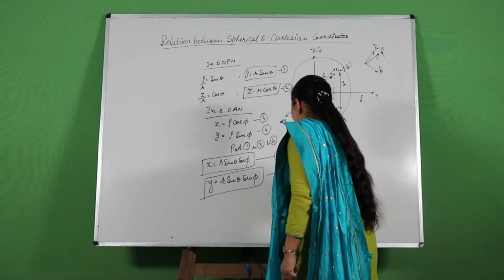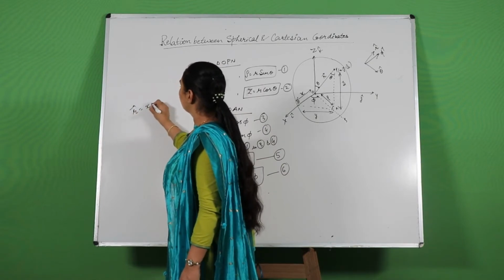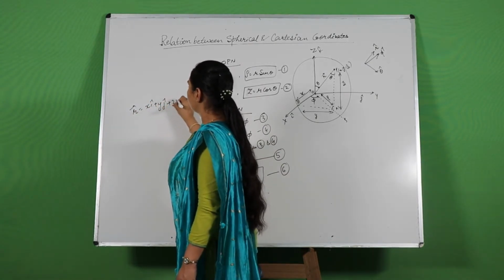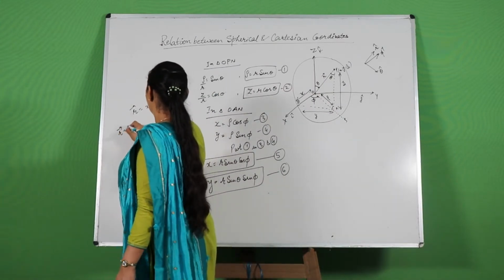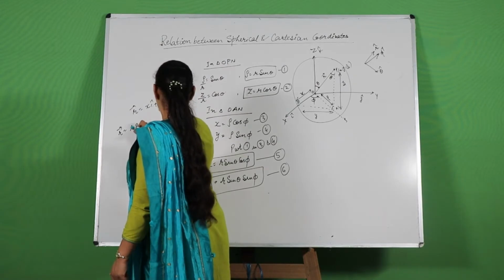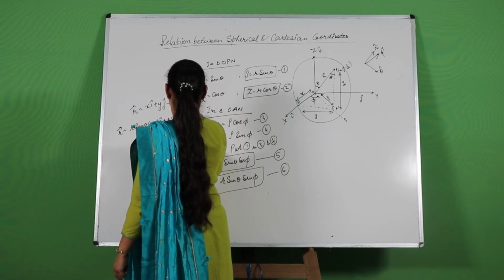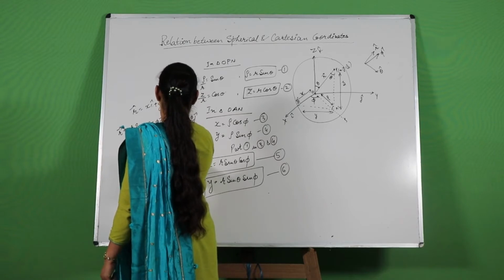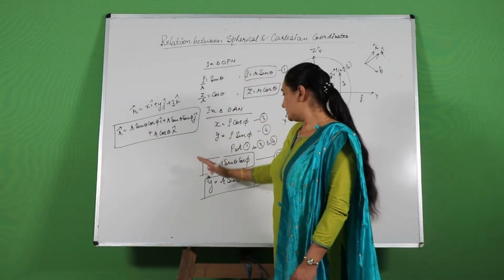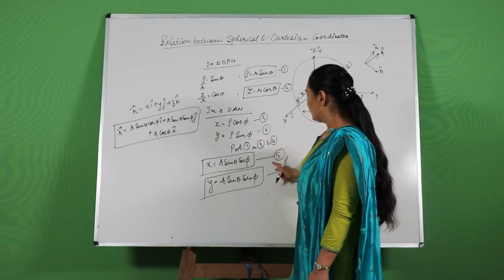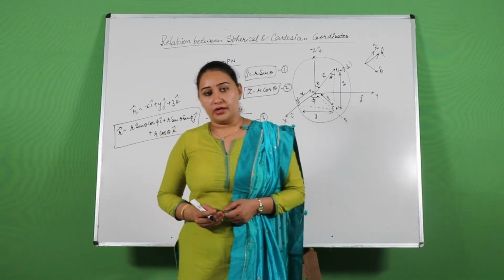Now, since I know in Cartesian coordinates we have position vector is equal to x i cap, y j cap and z k cap, if I put the values over here, then I will get r vector equal to r sin theta cos phi i cap, r sin theta sin phi j cap and r cos theta k cap.